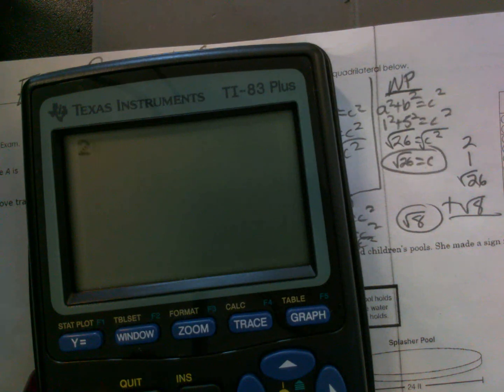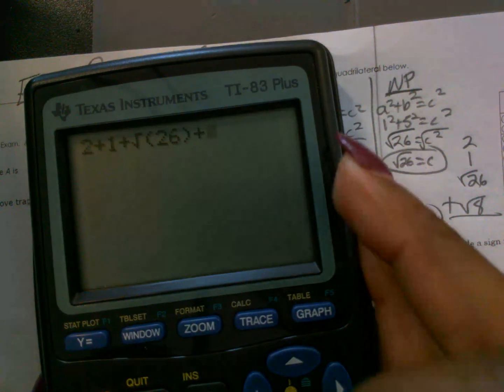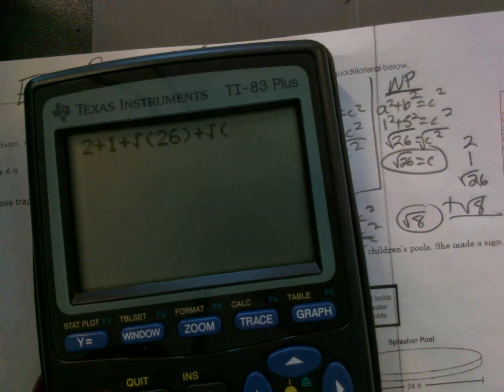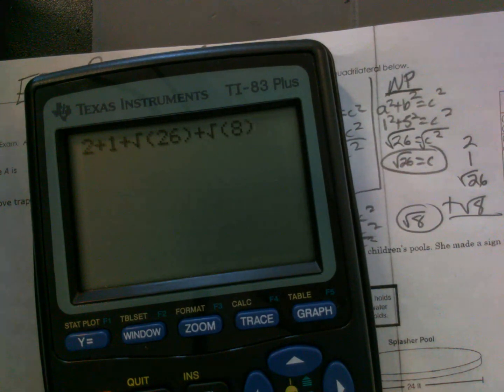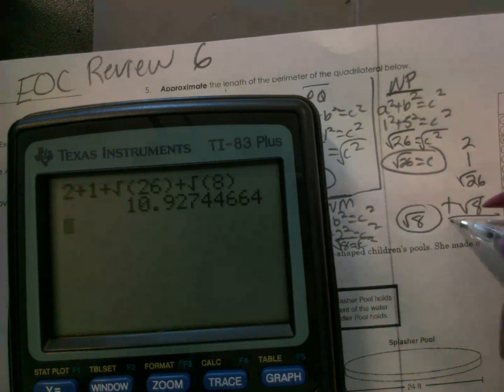We got 2 plus 1 plus the square root of 26, close that parentheses. Then we got plus the square root of 8. Make sure that parentheses is closed. And your answer is going to be 10.9. Okay? So we're going to put 10.9 as our answer.